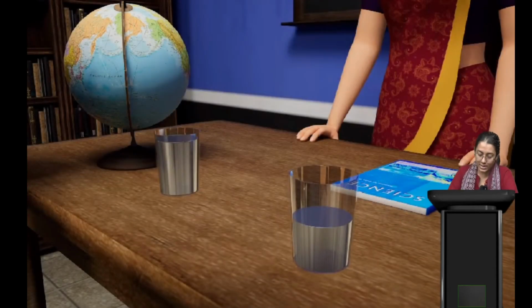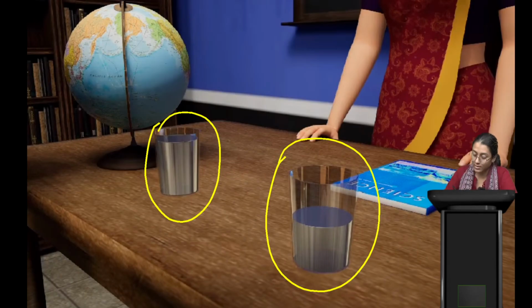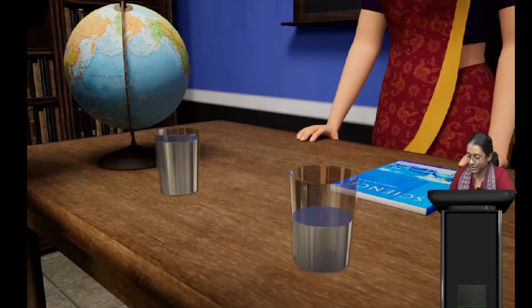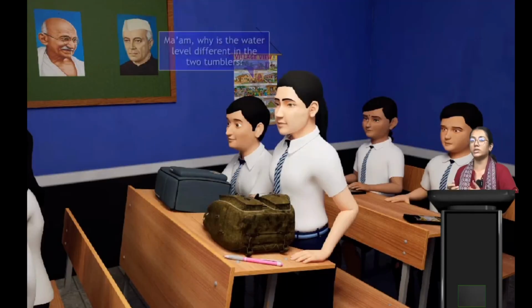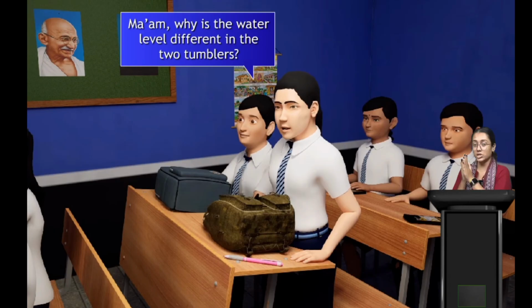Now see, in the first glass, the glass is full of water, and in the second glass, the glass is half. That means the water level in both the glasses is different. So one student is asking, ma'am, why is the water level different in the two tumblers? Isn't it?